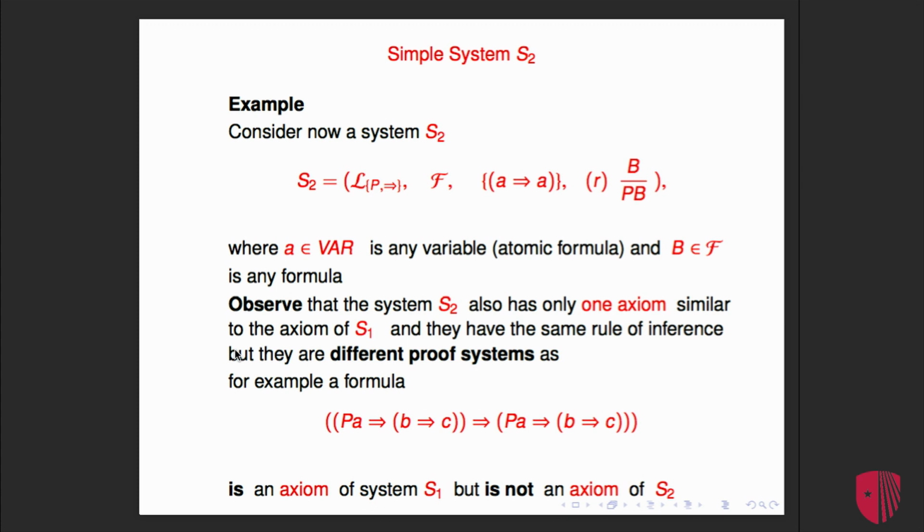And I say, observe that the system S2 has also only one axiom, similar to the axiom of S1, and they have the same rule of inference.